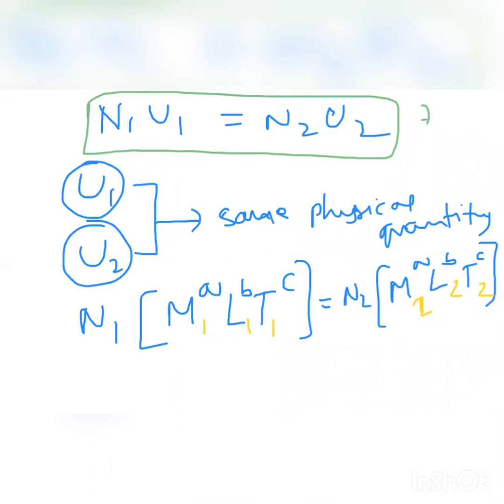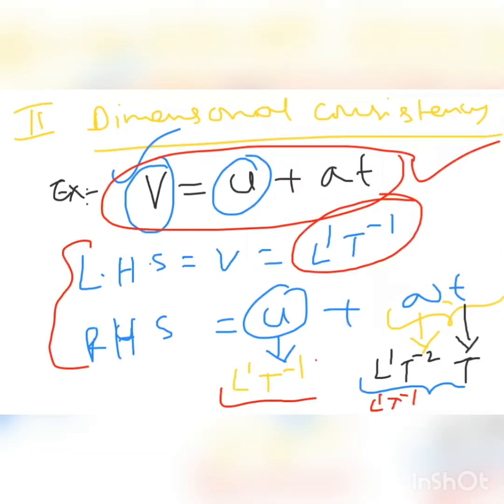Here the numerical value is inversely proportional to the unit. A big unit has a small numerical value. Then we checked the dimensional consistency of the given equation V equal to U plus AT, whether it is correct or not.